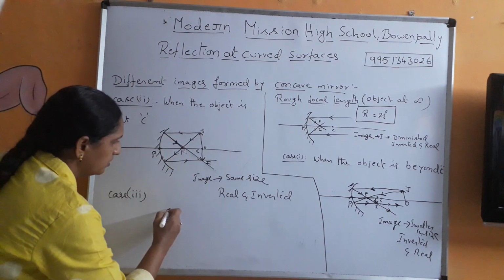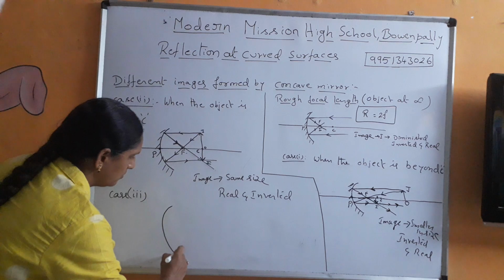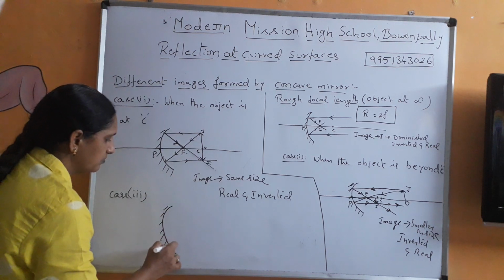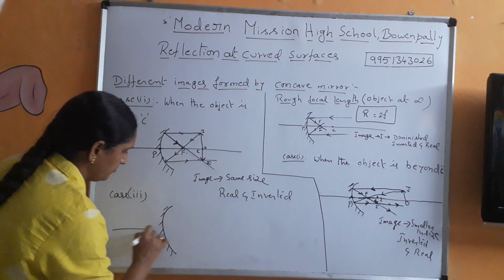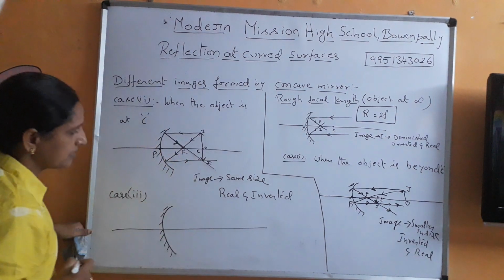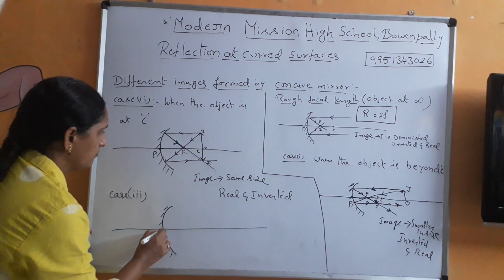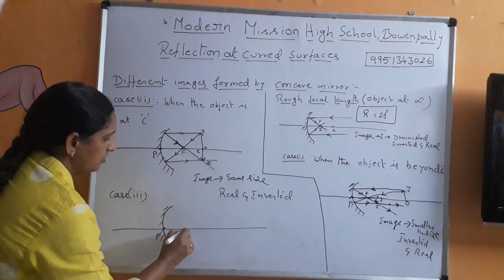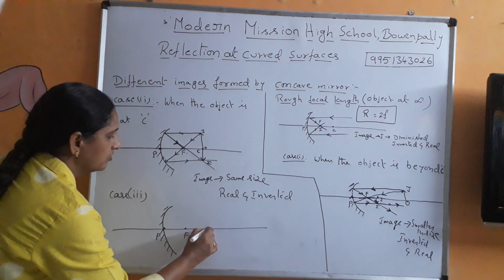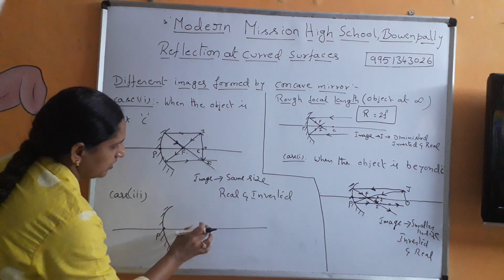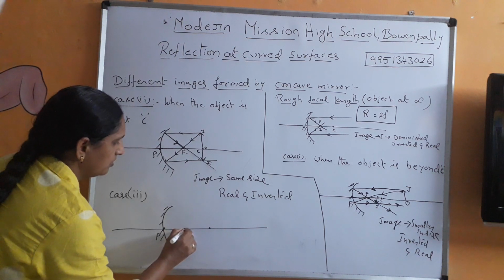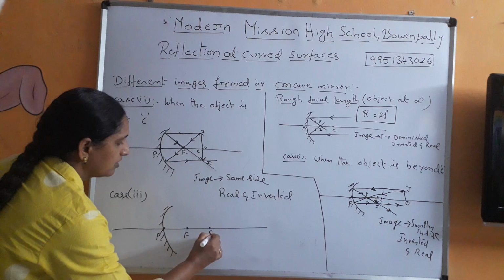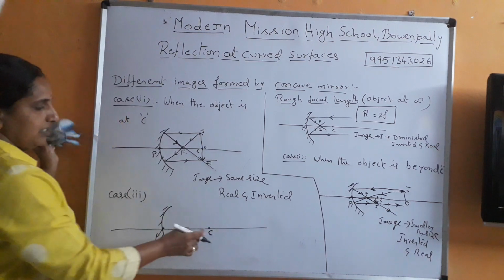Now draw a concave mirror, principal axis, P, then F, approximately C, center of curvature.